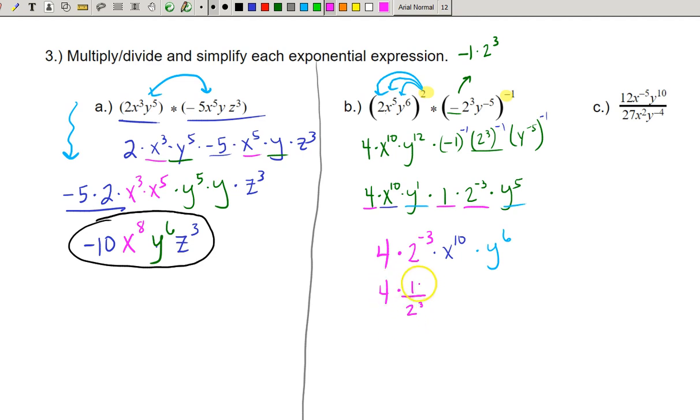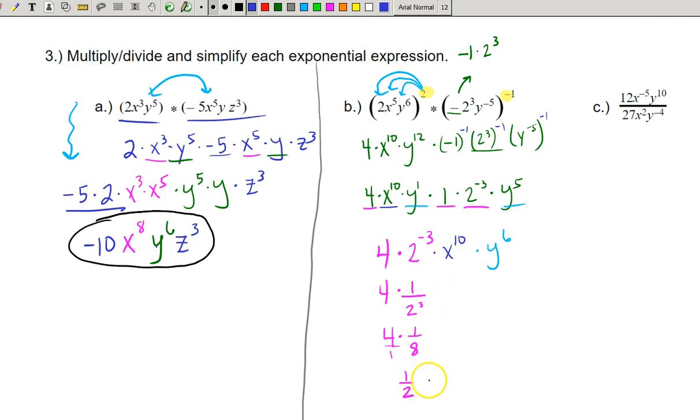Now I know that 2 to the positive 3 is just 8. So really this is 4 times 1 over 8. Or 4 over 1 times 1 over 8. Well, that's 4 over 8. Or just 1/2, right?